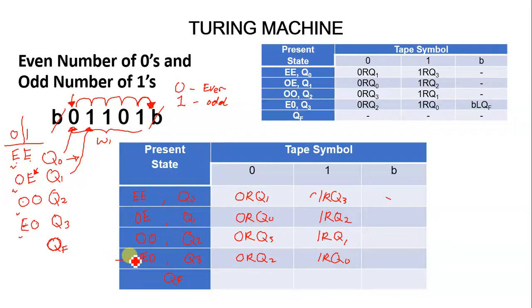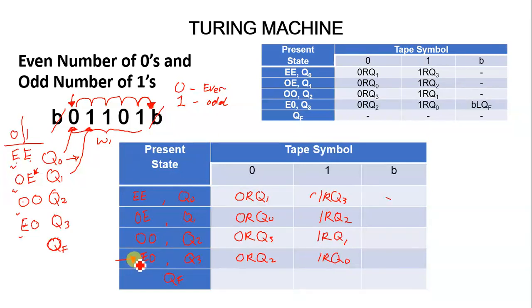At Q3, our target is to get an even number of 0s and an odd number of 1s.